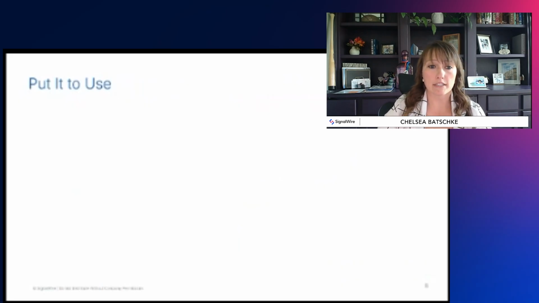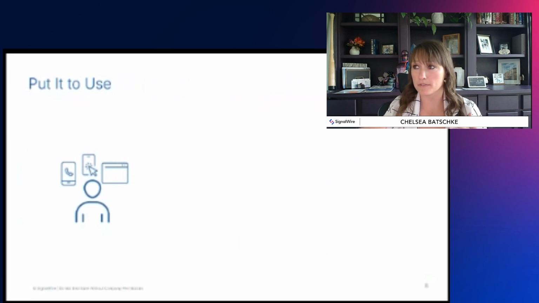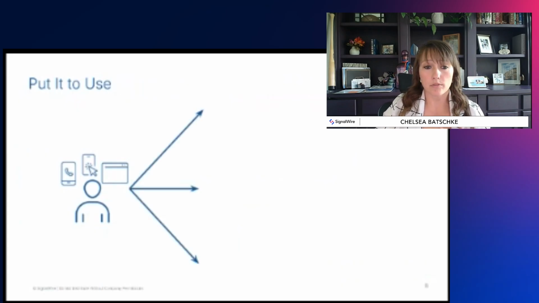So for instance, let's take a typical contact center scenario. The customer calls in via a browser, maybe a traditional phone call, maybe a click-to-call button within an app. WebRTC is going to be the choice for this example for the call signaling. But where this call goes can be controlled via SignalWire.